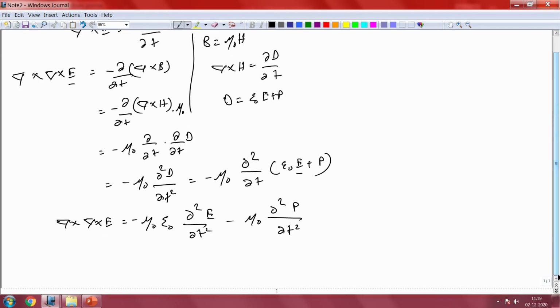So we all know mu naught epsilon naught is 1 over c squared, right. So basically we knew that c is equal to 1 by root of mu naught epsilon naught. So this is what we all knew.